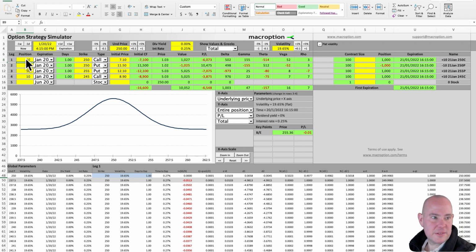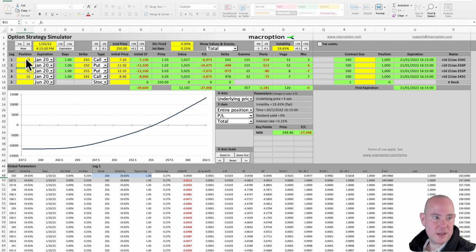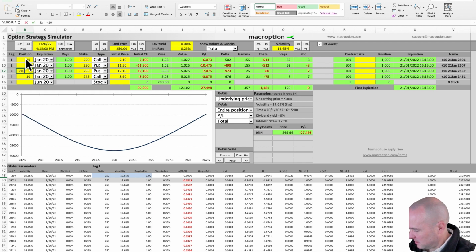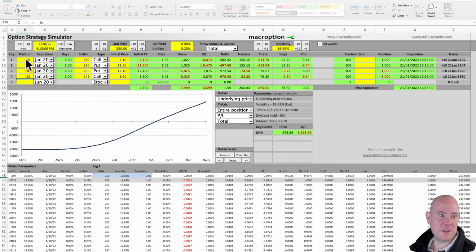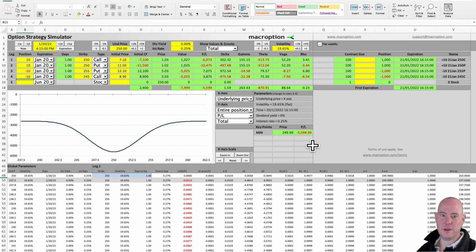We'll go positive 10, positive 10, minus 10, minus 10, minus 10. And I hope you can see how handy this macro option spreadsheet is. Don't worry about the delta right now. It's 0. Just really watch the gamma. And again, we can hedge off, but watch the gamma as I go up.